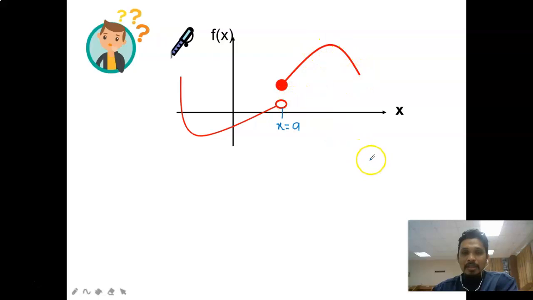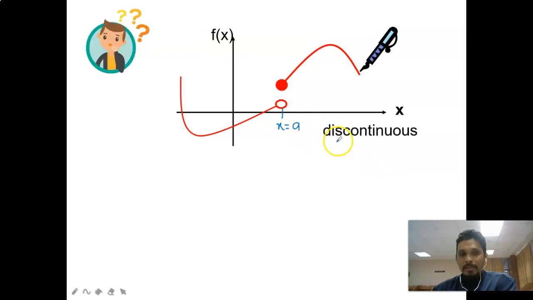So this is discontinuous. So this is an example of a discontinuous line. Okay, discontinuous at the point x equal to a.